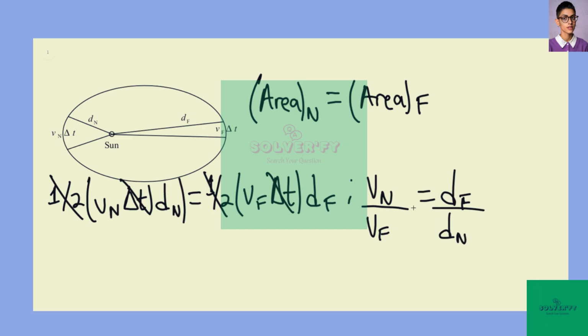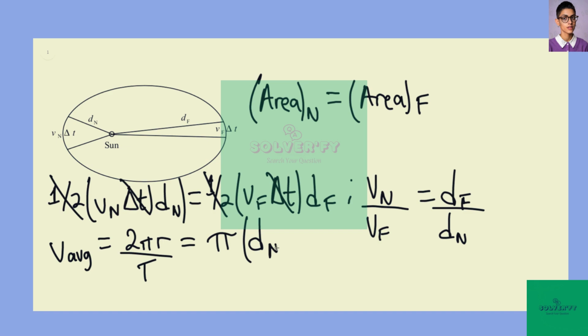In that case, we know that the average velocity equals 2 pi r divided by t, and we can say that this is going to be equal to pi times the near distance plus the far distance, divided by t. Now here we're going to solve for the average velocity first.